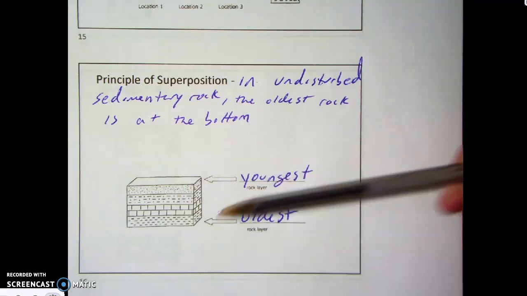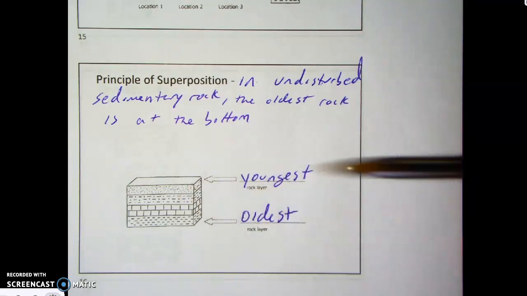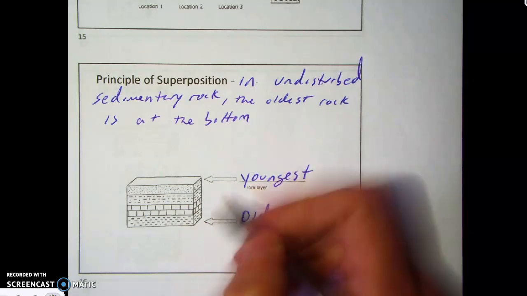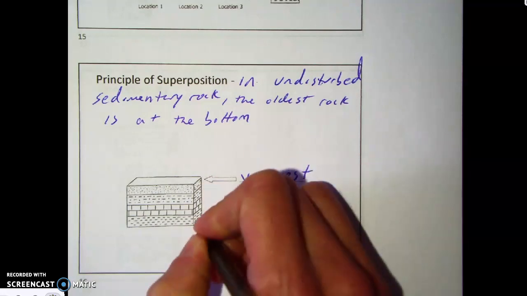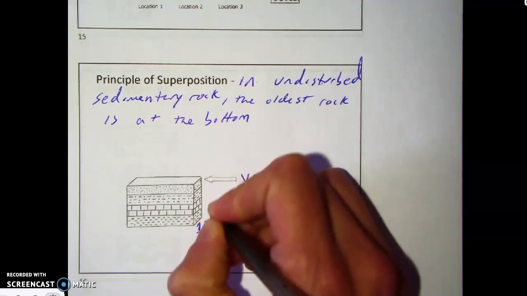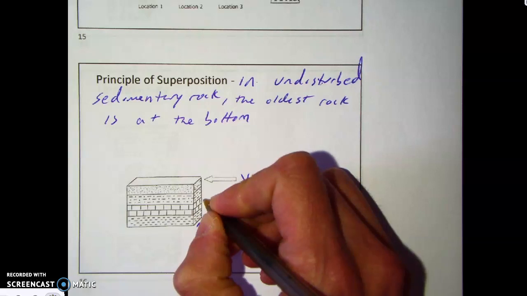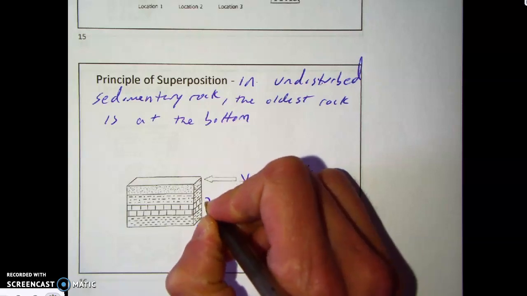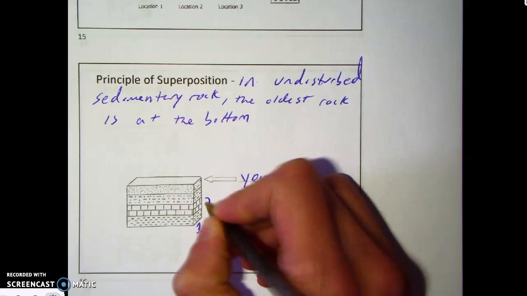And in this sequence, well, we know that the bottom rock layer has to be the oldest, and the top one has to be the youngest. Which also means that if this is the oldest, and let's maybe label this 1, then the limestone layer above would be younger than 1.